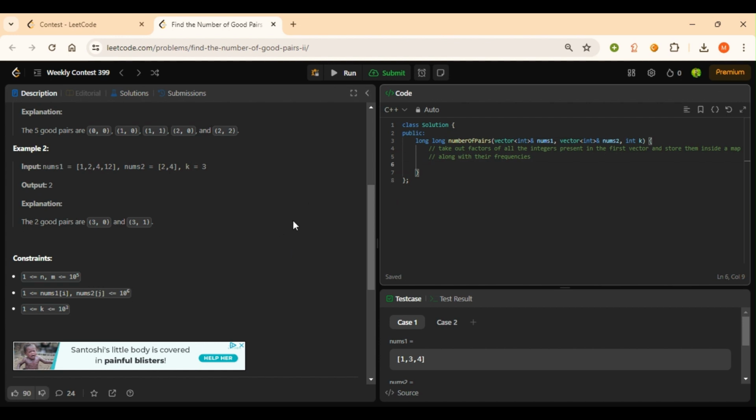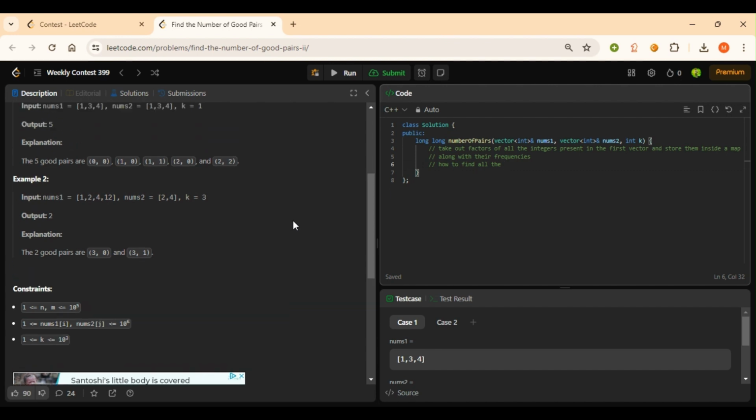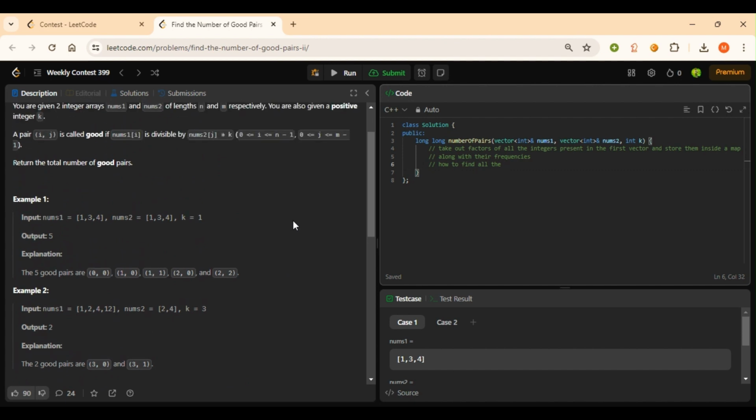Now the question arises: how to find all the factors?